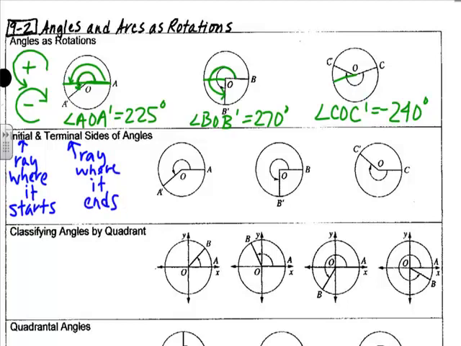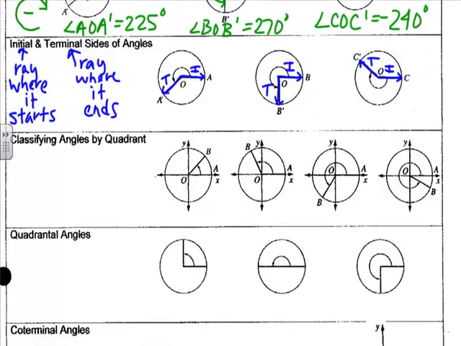If you just look at these examples here, I'm going to use an I for initial and a T for terminal. This guy begins here, so that's my initial side, and it ends here, so this is my terminal side. Initial side, terminal side, pretty straightforward. This would be my initial side, terminal side. So you just want to start becoming somewhat comfortable with that concept.